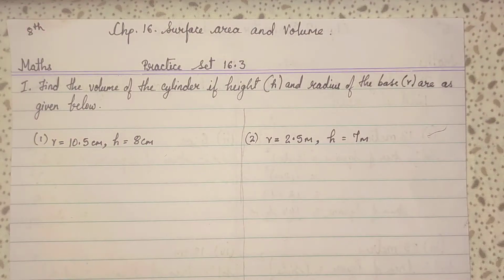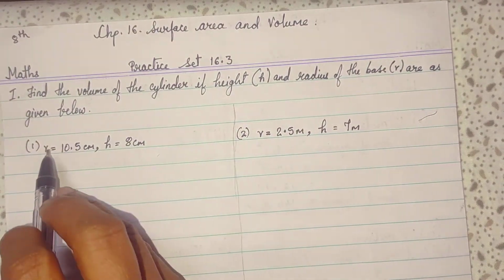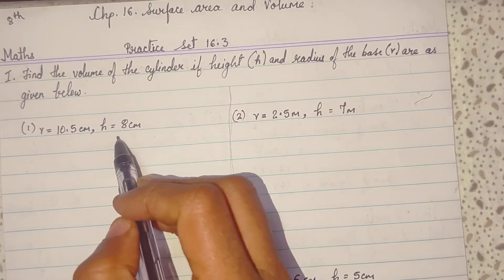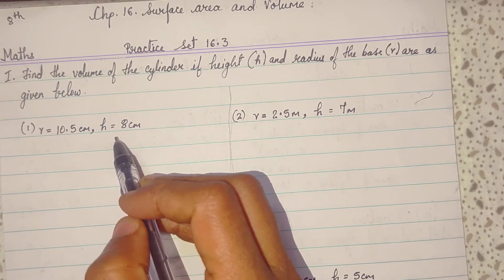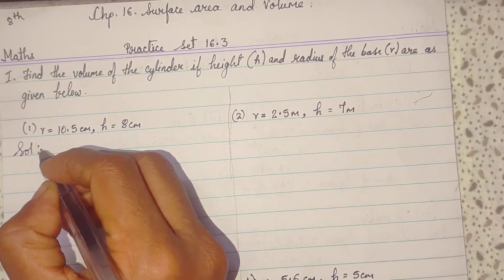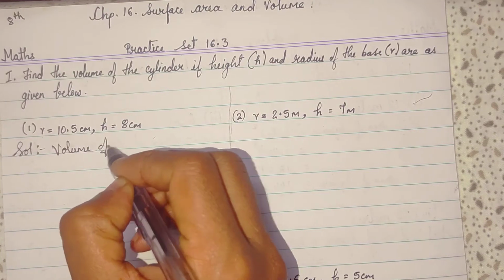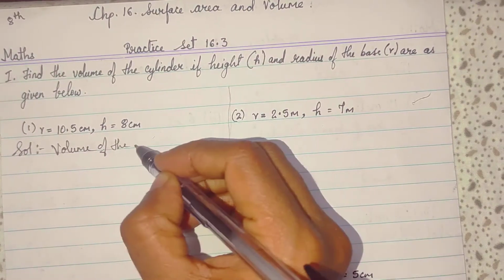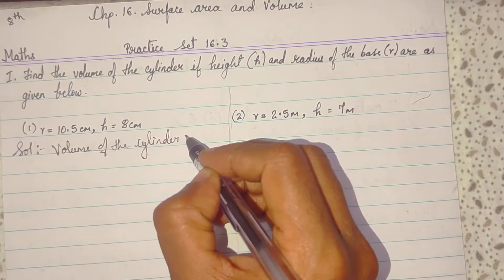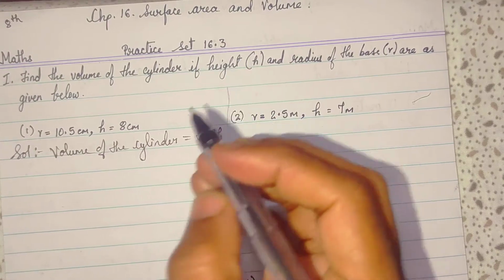So formula is volume. See, first question, radius is equal to 10.5, height is equal to 8. So solution, volume of the cylinder, volume of cylinder is equals to pi r square h.